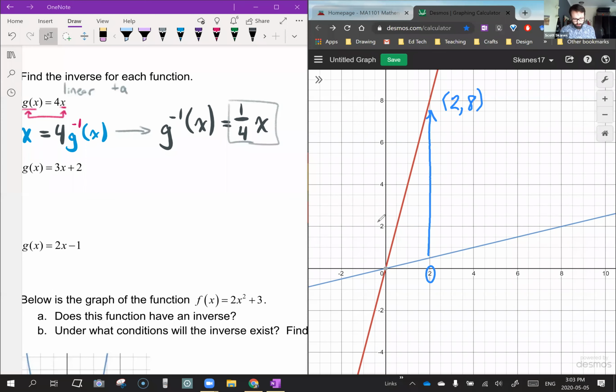So when we put in 8, the inverse should give us back 2, and it does. So what we notice is it's a kind of reflection, or some sort of backwards version of the function. And this works for every value. If we had (1, 4), we'd get back (4, 1), and so on, right? So this is the big idea. This is what inverses do.